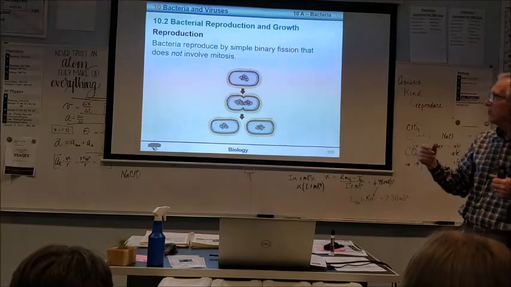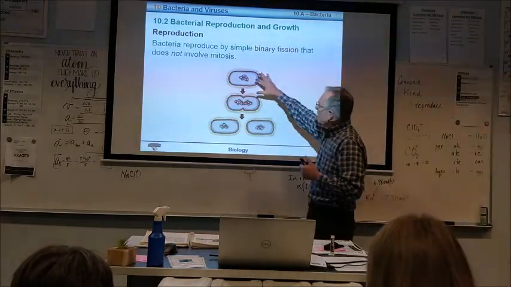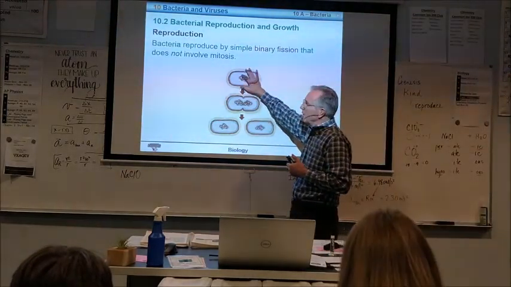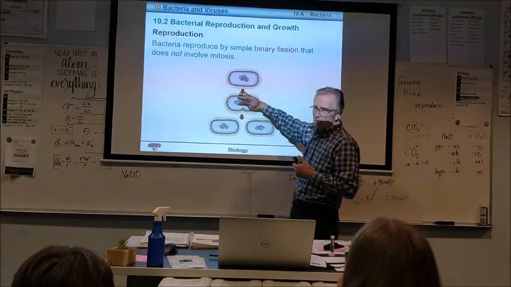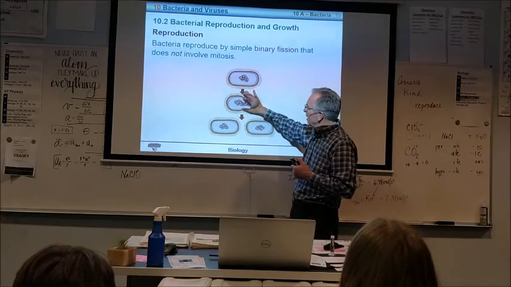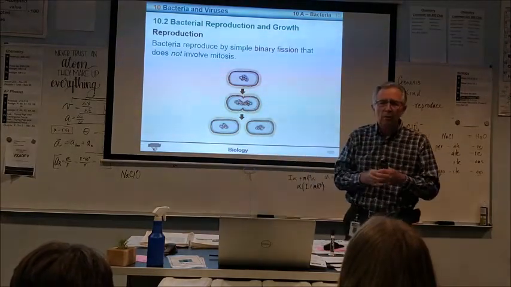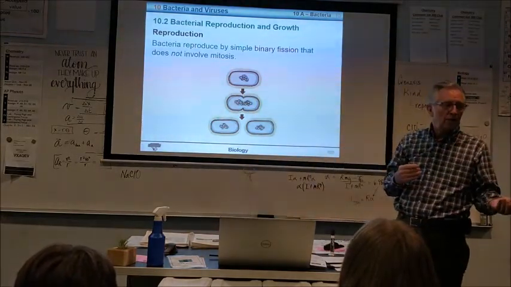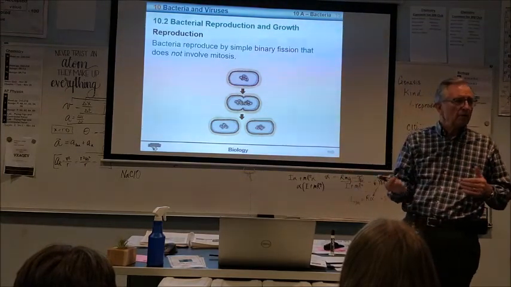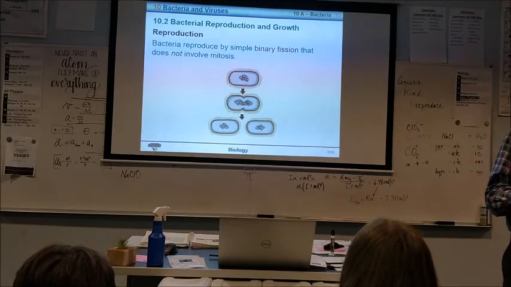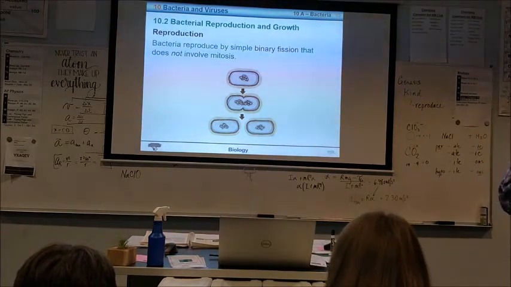What actually happens here is the nuclear material, which remember is not inside of a membrane, will get duplicated, and then the cell will just pinch in two. One side will get half of the nuclear material, the other side will get the other half, and that is all there is to that process. Okay?